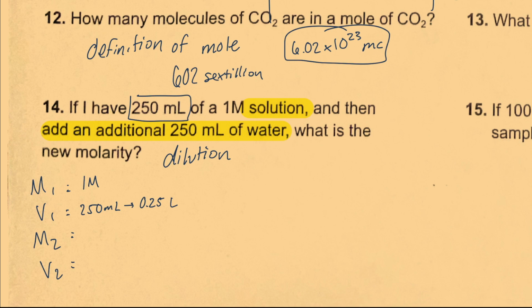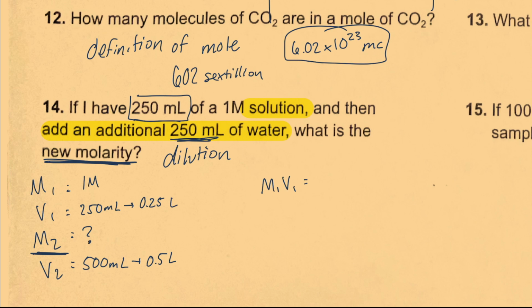And M2 is what we're solving for, because it's asking about what's the new molarity, so we don't know yet. V2, the volume at the end, is going to be 250 mils plus 250 mils, gives me 500 milliliters. Or if you like, you can do 0.5 liters.